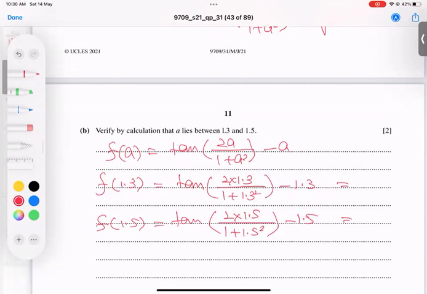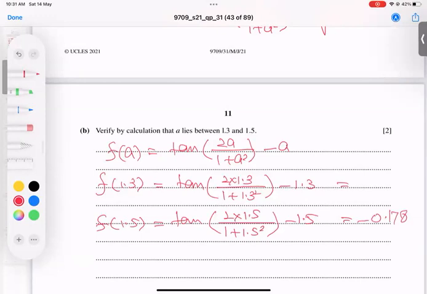And I'm getting the answer negative 0.178. Actually, I typed 1.5 before. Let me recheck. Yes, I'm getting negative 0.178.